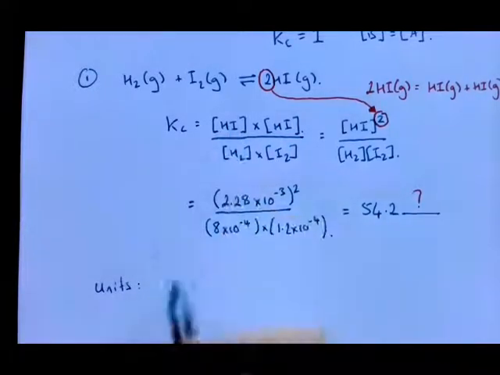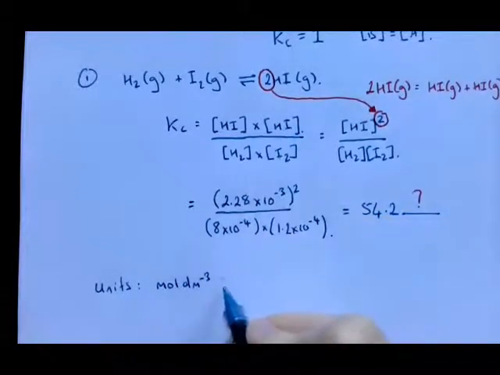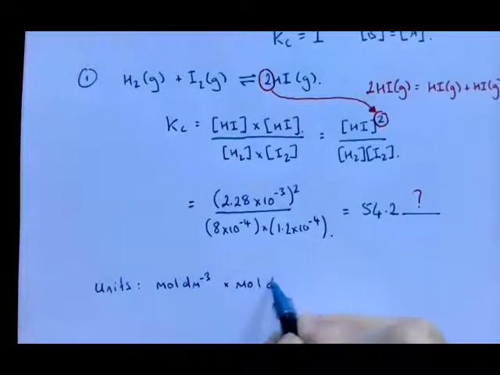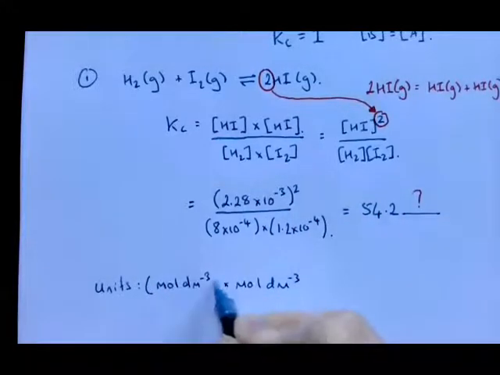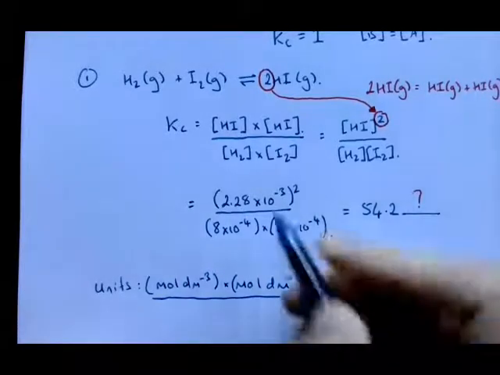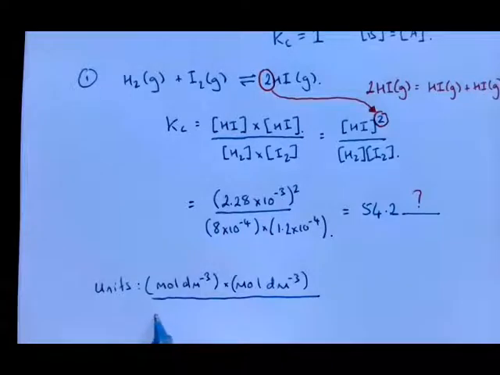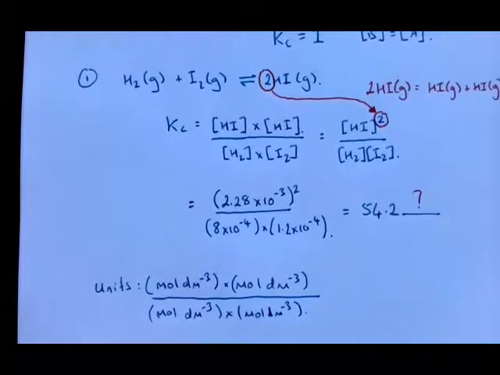So the units for this are moles per decimeter cubed. The units for this are moles per decimeter cubed, divided by the units for H2, which are moles per decimeter cubed, and the units for I2, which are moles per decimeter cubed. So in this situation you can see that these all cancel.